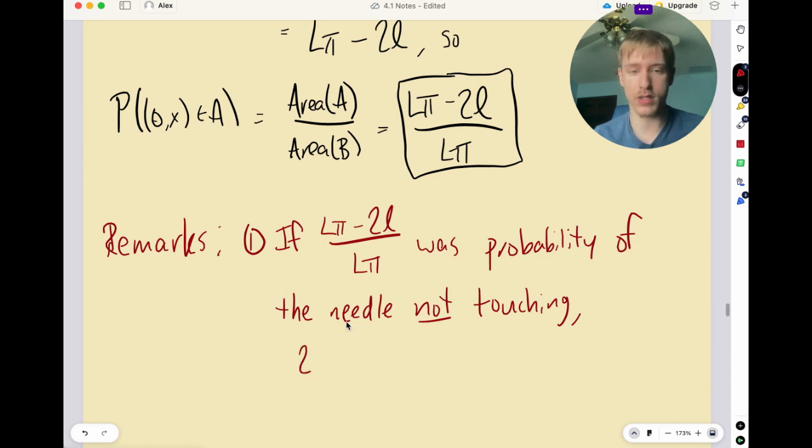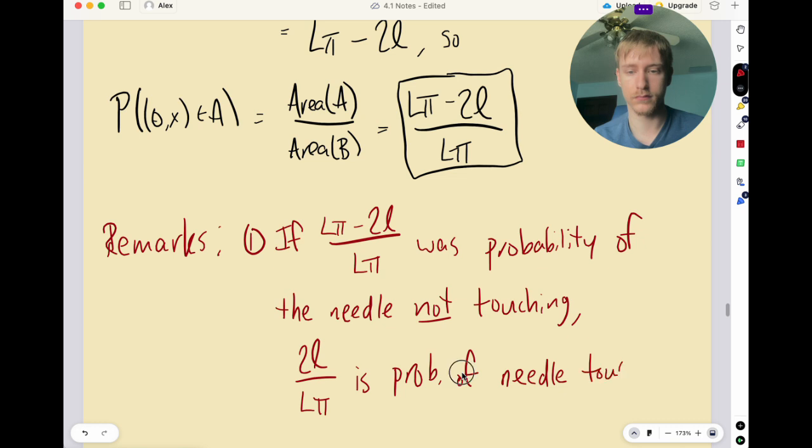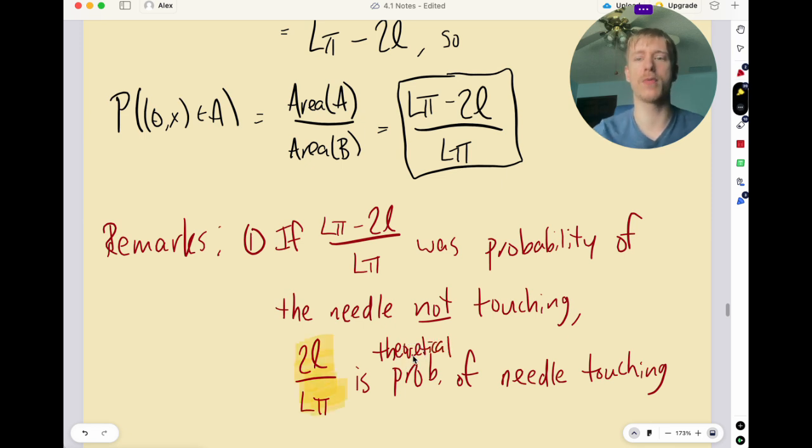Well, that's going to be 2L divided by L pi. So that is the probability of the needle touching. Also, it's the theoretical probability of the needle touching. Why am I emphasizing that that's the theoretical probability?